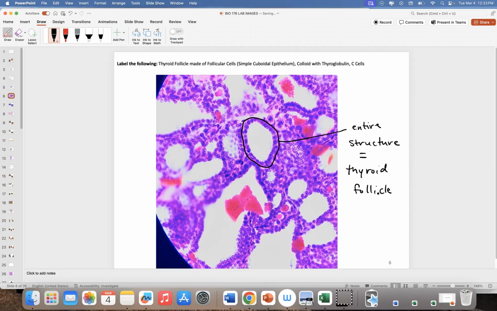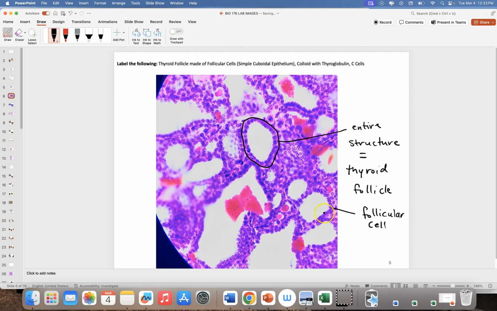Now, we also know that the follicle is made up of these follicular cells. If I take a look at one of the other follicles here, and I just maybe draw a line to the nucleus of one of the follicular cells, this would be a single follicular cell.